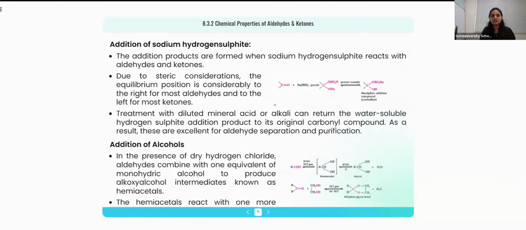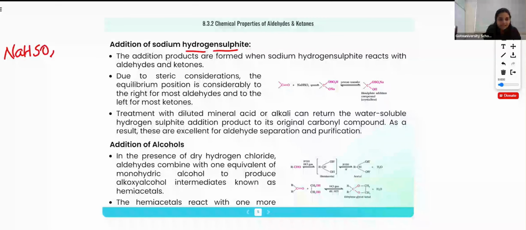Okay, that is the addition of hydrogen cyanide. Next one is addition of sodium hydrogen sulfite. What is sodium hydrogen sulfite? It is NaHSO3. This is sodium hydrogen sulfite, not sulfate, sulfite.